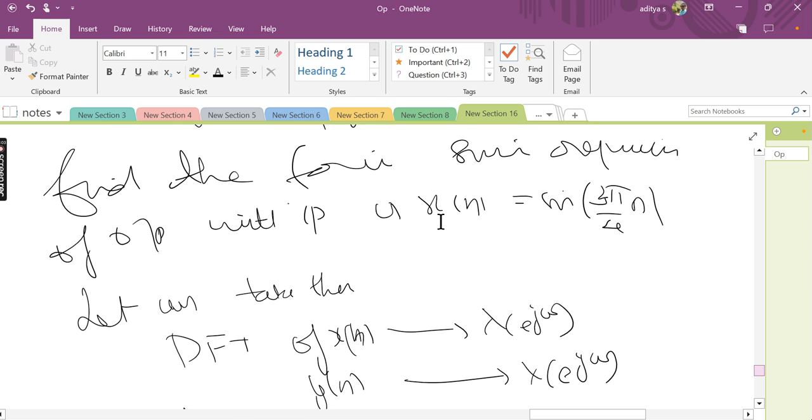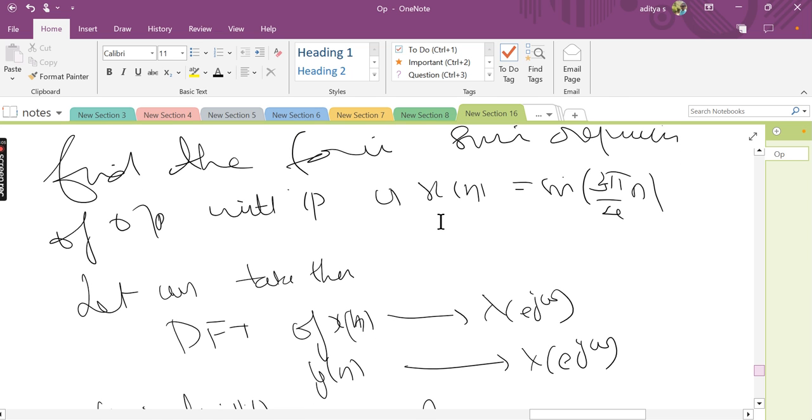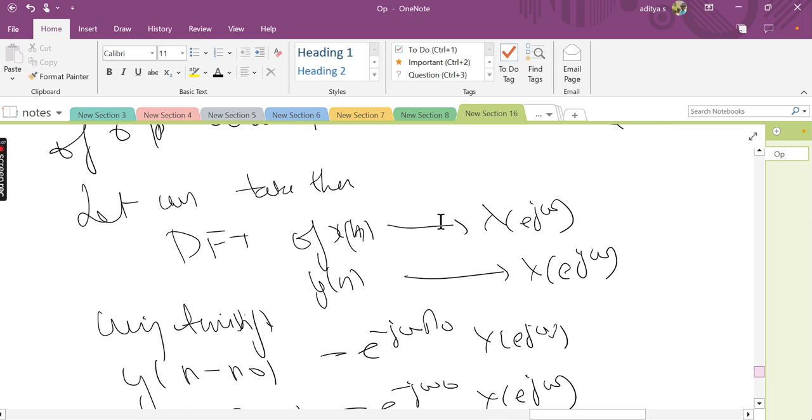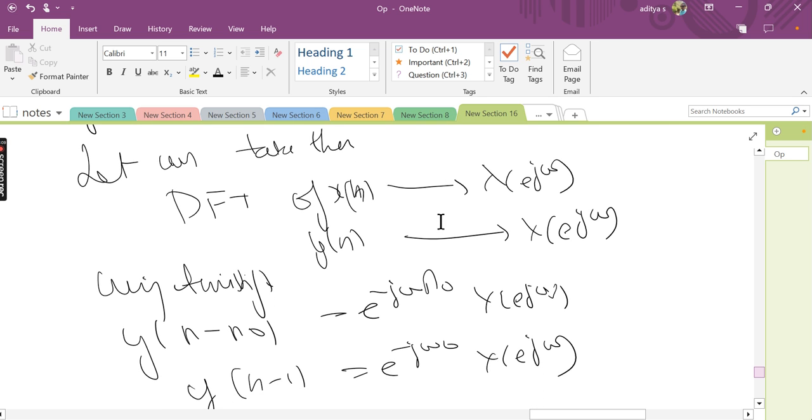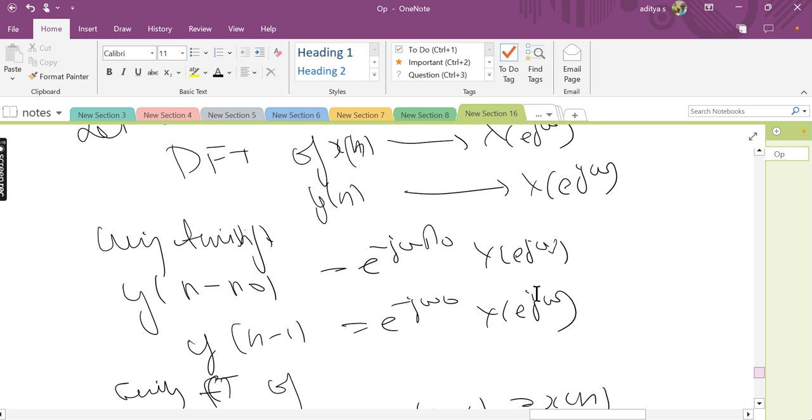Let us take the DFT of x of n, which is X of e raised to j omega, and y of n, which is Y of e raised to j omega.